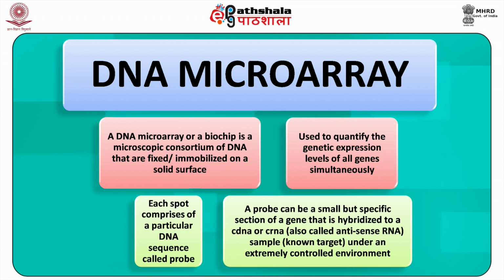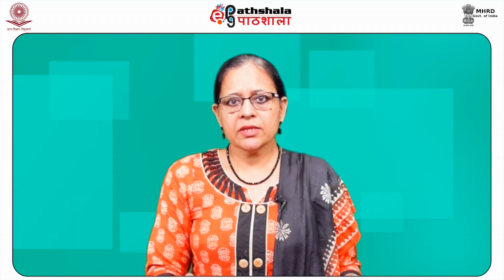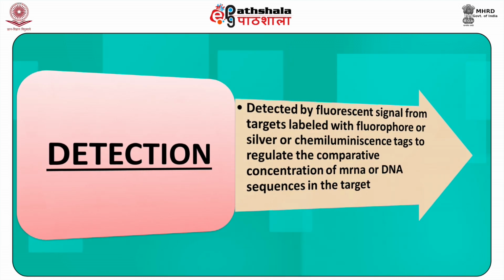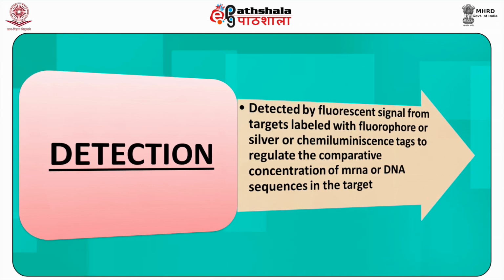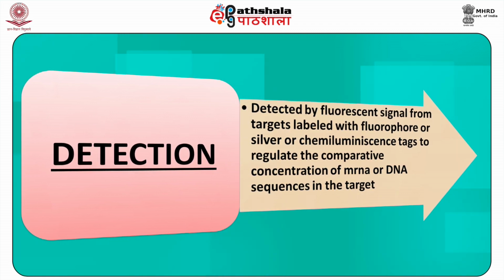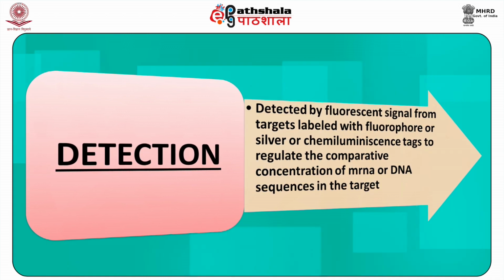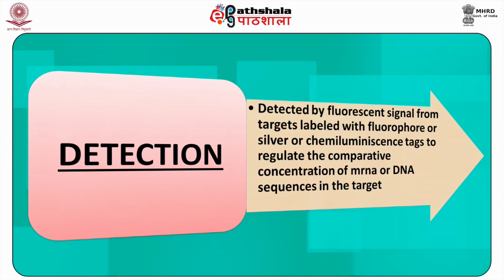A probe can be a small but specific sequence of a gene that is hybridized to a cDNA or cRNA, also called antisense RNA sample, under an extremely controlled environment. The probe target DNA hybridization is then quantitatively detected by fluorescent signal from target labeled with fluorophore or silver or chemiluminescence tags to determine the comparative concentration of mRNA or DNA sequences in the target.